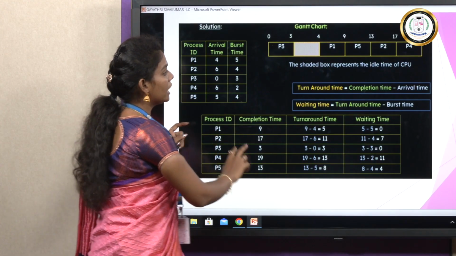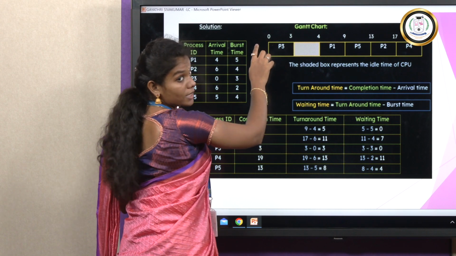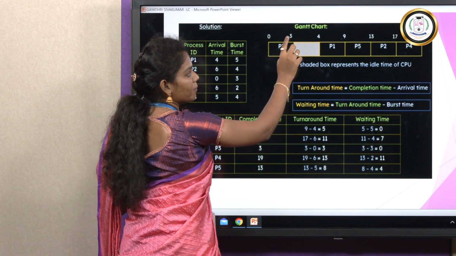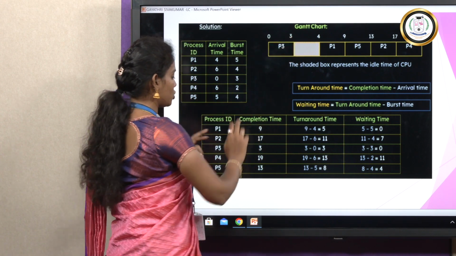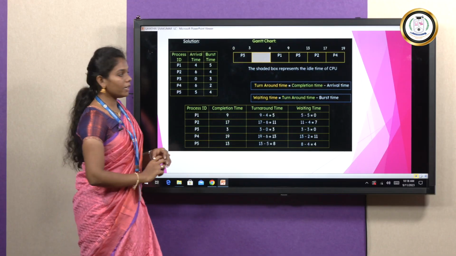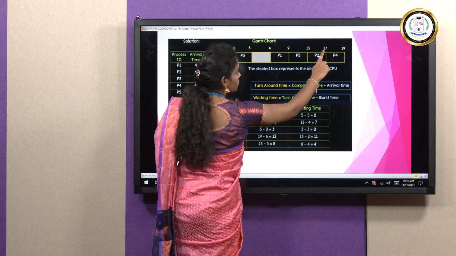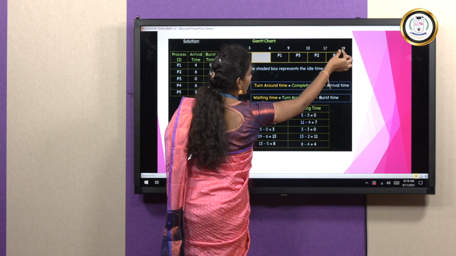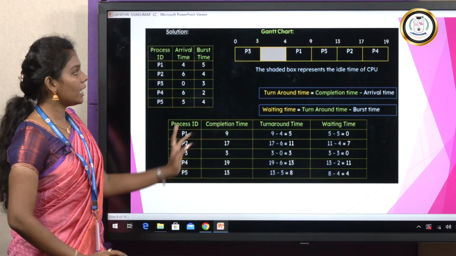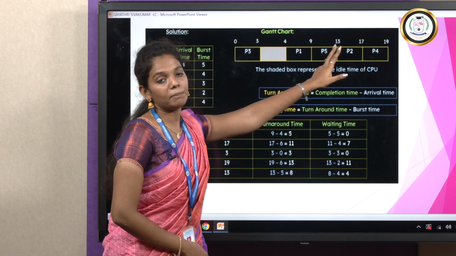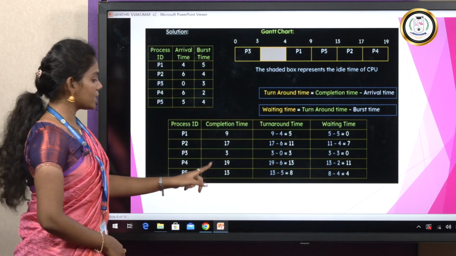For P3, the process starts at 0 and completes at 3, so the completion time is 3. P4 starts at 17 and ends at 19. And the last one, P5, completes at 13.